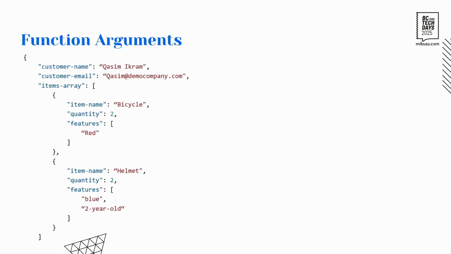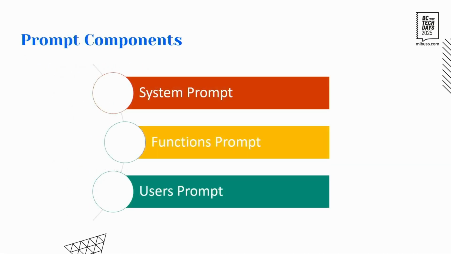So we have the customer name, we have the customer email, items in the format that we have defined, the features in the right format and everything. So now we have made our system more robust, so we know exactly whenever this particular intent will be called, this is the structure that will be responded back, and then we could basically process this inside the API.